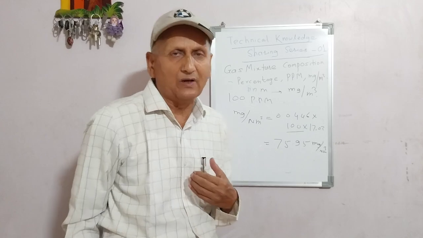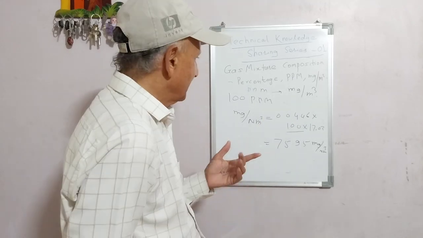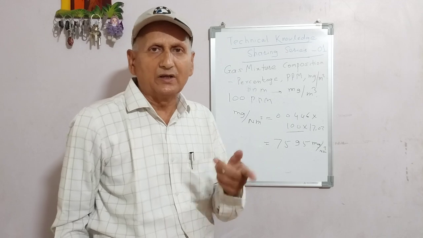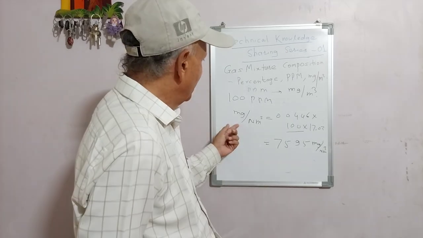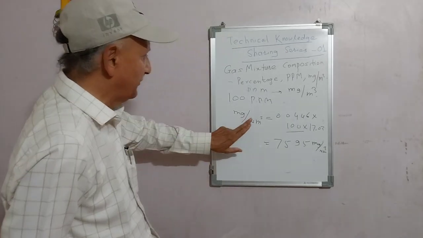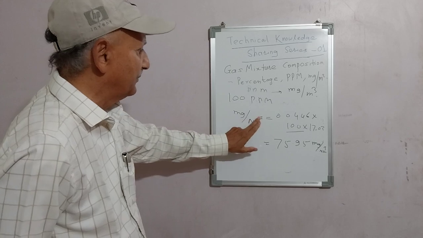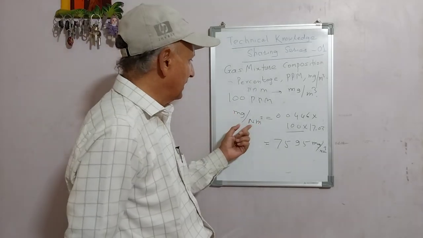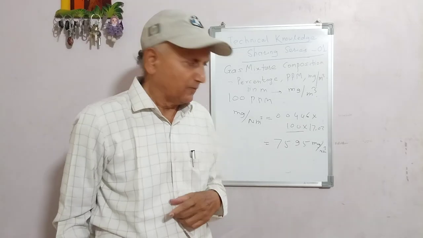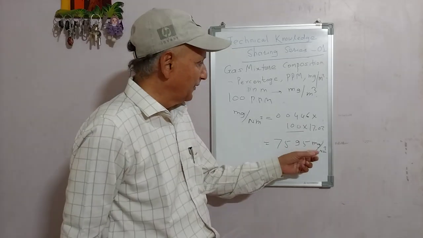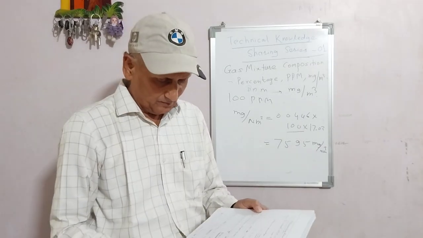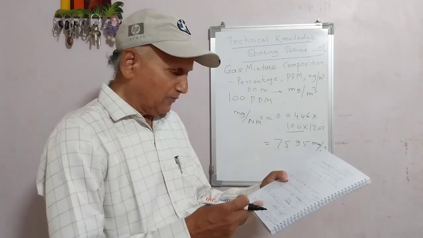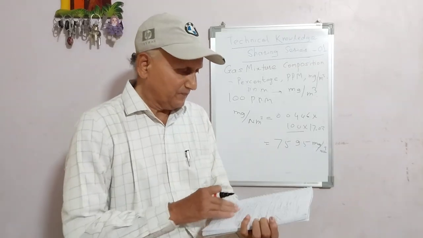European countries also have different temperatures. So it is very important that these conversion factors depend on the universal gas constant. We generally forget and casually write milligram per meter cube, but really the unit is milligram per nm cube. So we are getting 75.95 milligram per nm cube, and the percentage we have observed is 0.01.